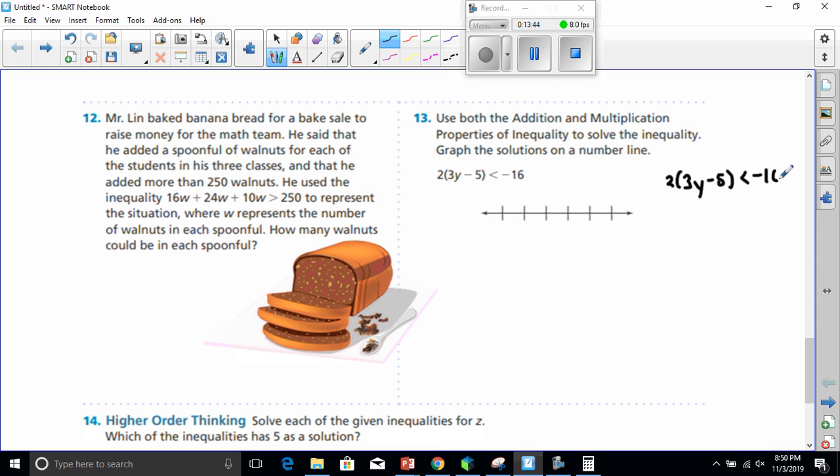So by using properties of addition and multiplication, first, we're going to use the distributive property. 2 times 3y will be 6y, and 2 times negative 5 will be negative 10. And now we have our new inequality, 6y minus 10 is less than negative 16.